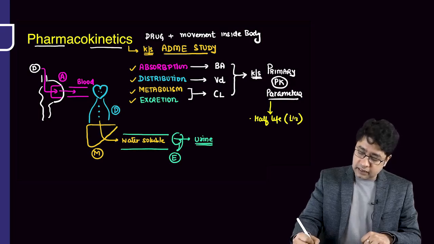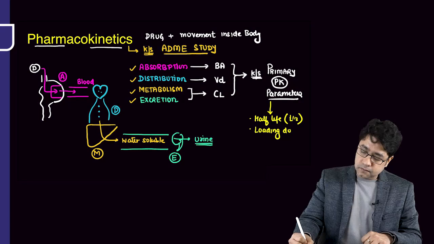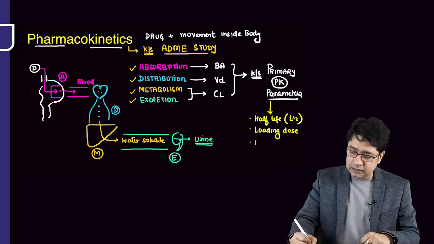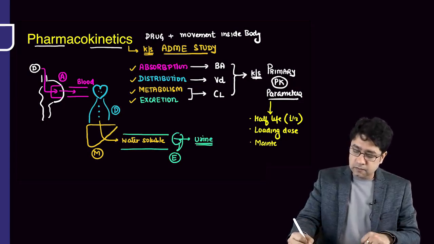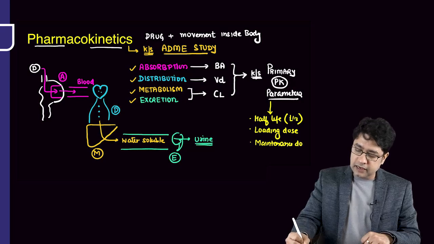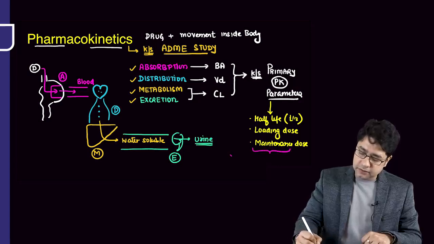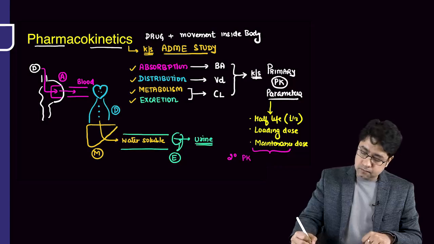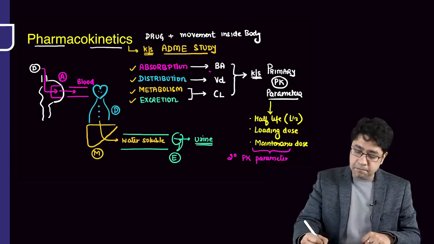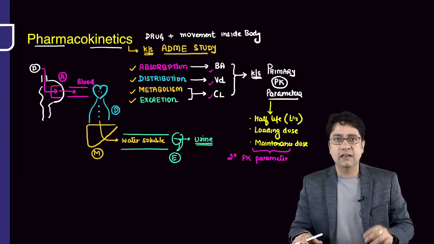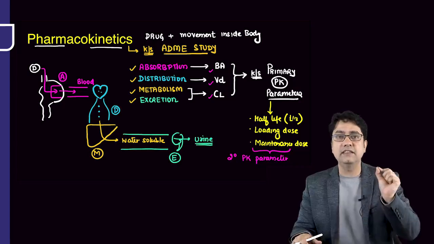We calculate the initial dose which we give to our patient, which is known as loading dose. And then we give a dose for long-term maintenance known as maintenance dose. And these parameters are known as secondary pharmacokinetic parameters. So what are primary pharmacokinetic parameters? BA, VD and CL.